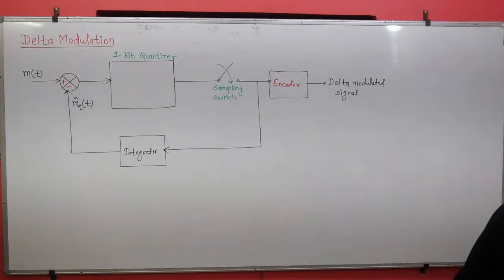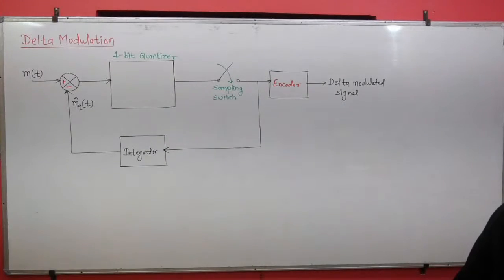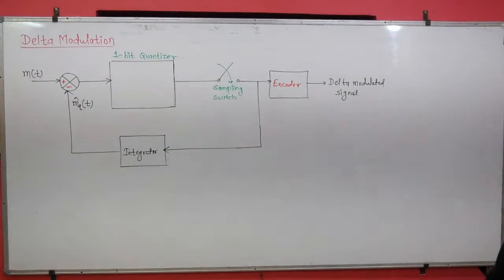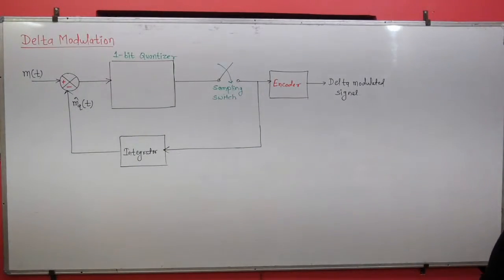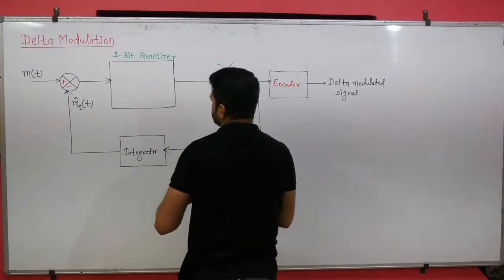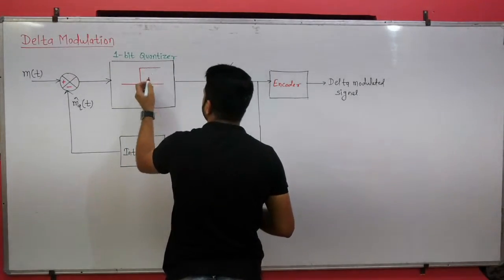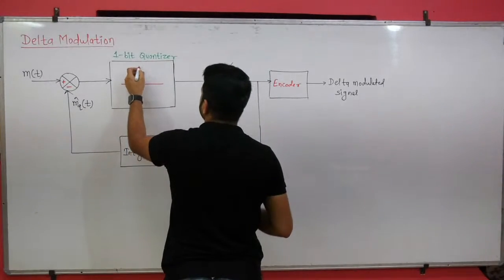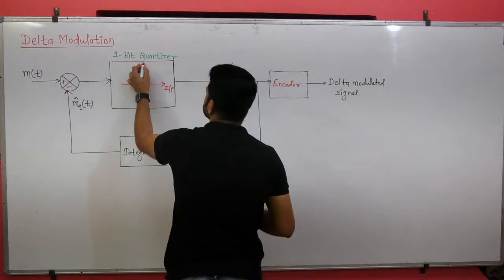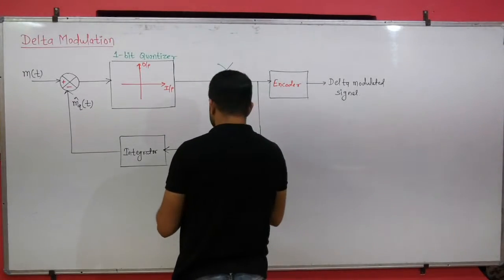N is equal to 1, okay, fine. So if n equal to 1, how many levels should be there? Yes, Manish, there are only 2 levels to represent the signal. Number of samples reduced, 2 levels, yes. So now I am making this diagram also. This is the input output characteristics of the 1-bit quantizer.